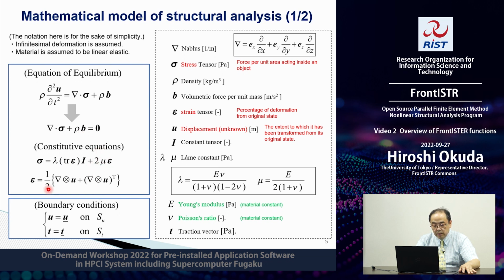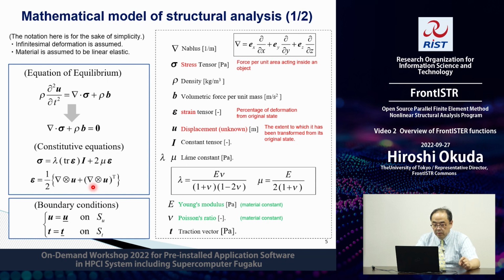And with the constitutive equations, which can also be called Hooke's law, and the relationship between the strain and the stress, and strain and the displacement, the equation system is closed, because the displacement U, strain epsilon, and the stress sigma are the unknowns. And the equations you are going to solve are the equilibrium equation, constitutive equation, and the strain displacement relationship.